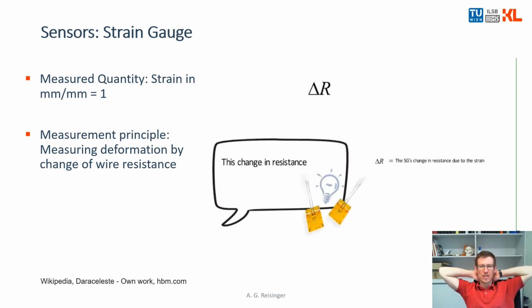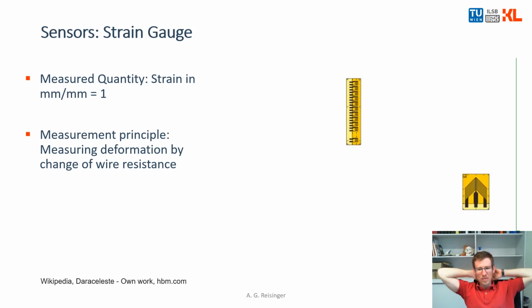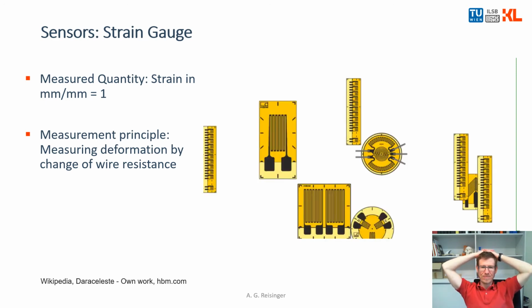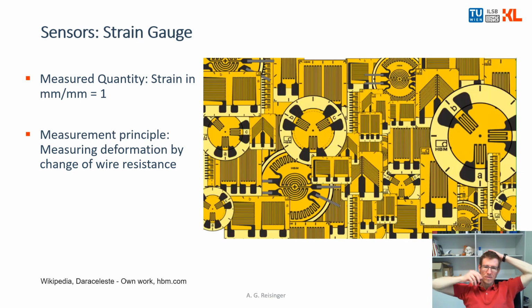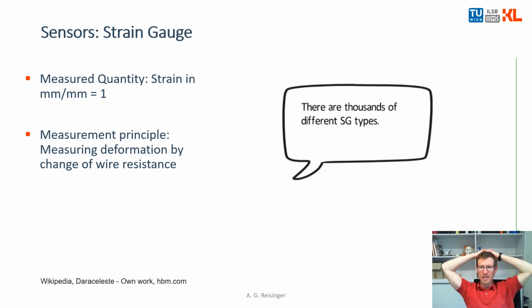And the resistance change can be measured by electrical means. And this is linearly linked with this K factor you have seen here with the strain. And the strain gauges come in different kinds of shapes and for all different kinds of applications.